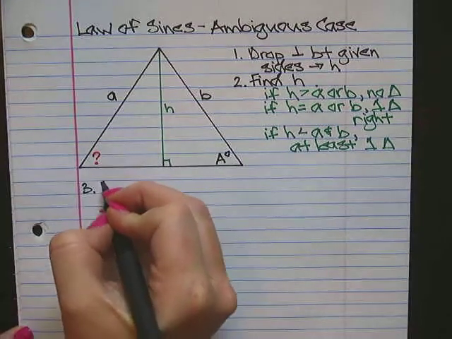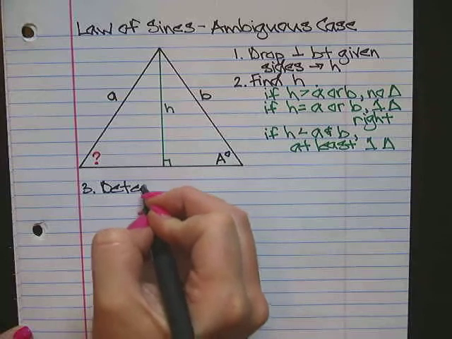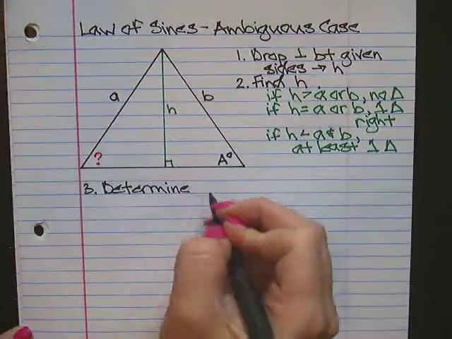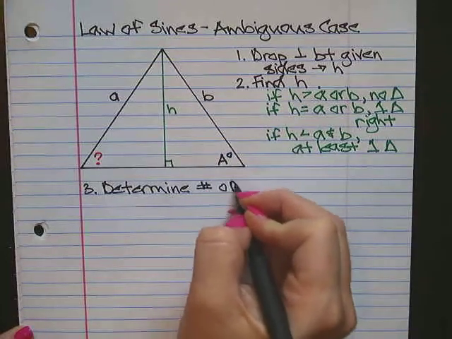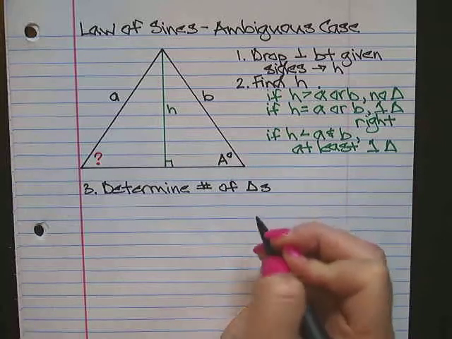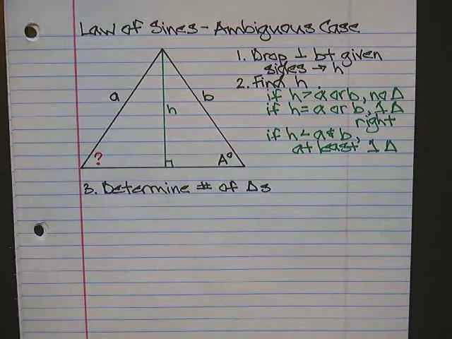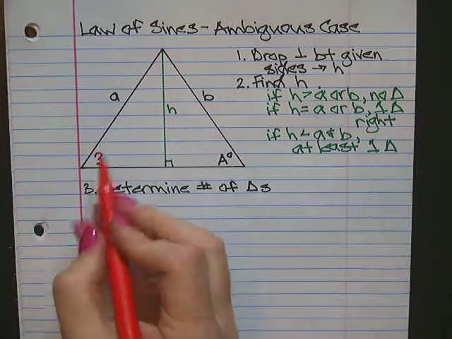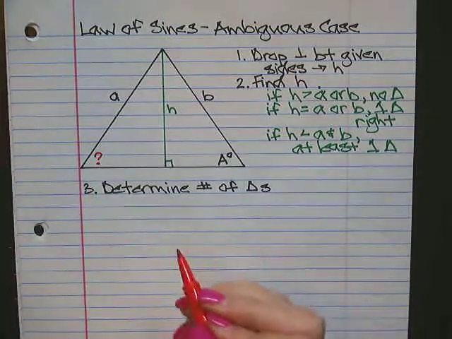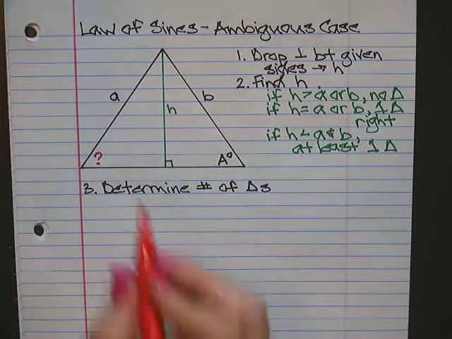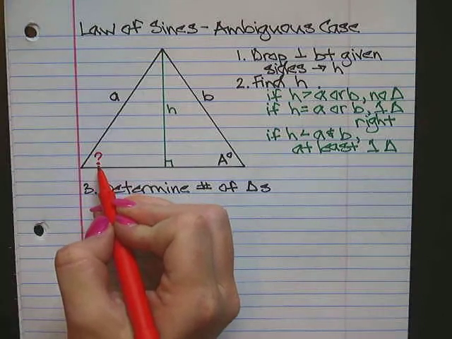So our third step is to determine the number of triangles. To do that, we're going to use the angle here, marked with a question mark.